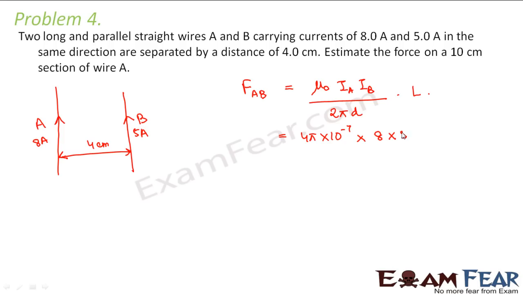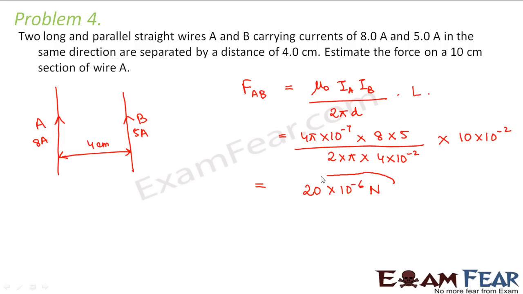Current in wire B is 5 amperes, divided by 2 into pi into d, that is the distance between the two wires, which is 4 centimeters. This into the portion of the wire on which we want to calculate the force, that is 10 centimeters, so 10 into 10 to the power minus 2. So this comes out to be 20 into 10 to the power minus 6 newtons. So this is the value of the force that will act on a 10 centimeter section of wire A.